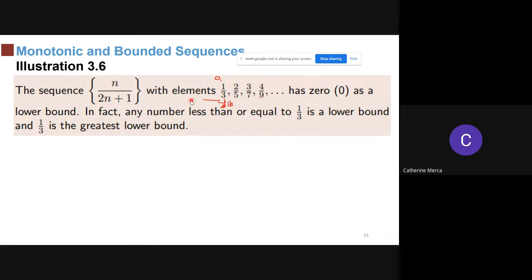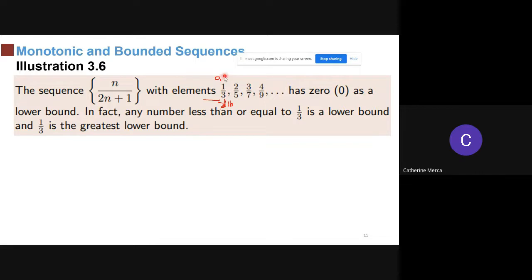Okay. Now, if you take a look at this, ang elements niya kay 1/3, 2/5, 3 over 7, 4 over 9. It says that it has a 0 as a lower bound. Is this increasing, decreasing, by the way? Decreasing, ma'am.